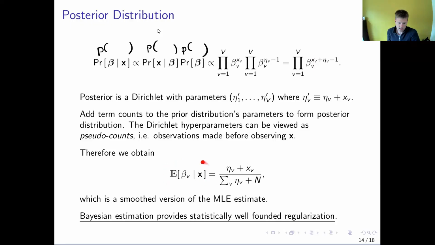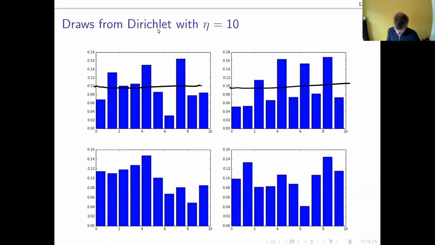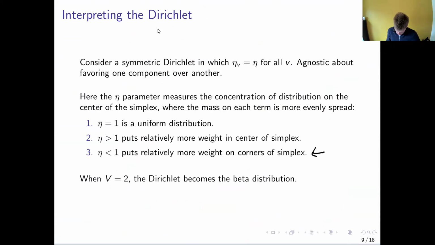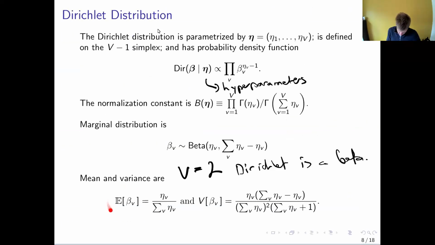Here I'm taking the expected value of the beta V given the data using the Dirichlet posterior distribution and the formula for the mean of the Vth dimension of the Dirichlet, recall, is just the Vth parameter divided by the sum of all the parameters.